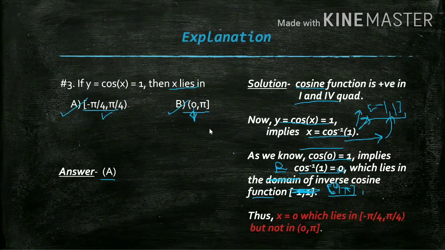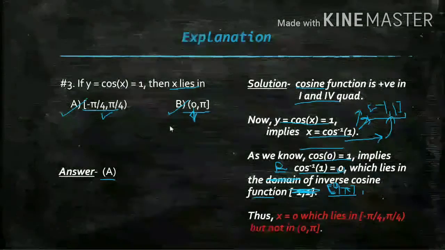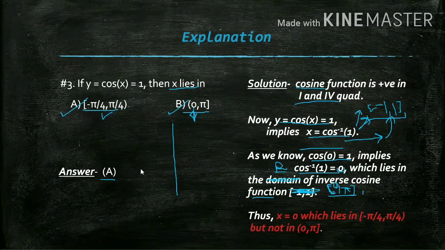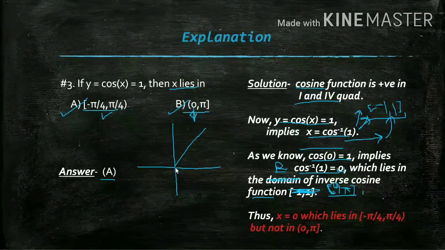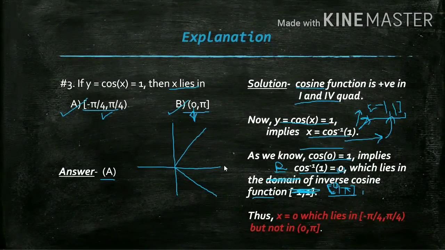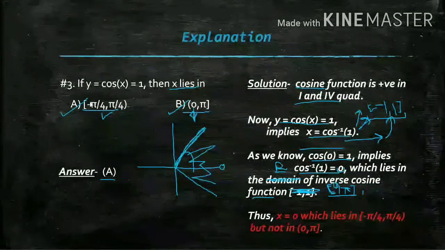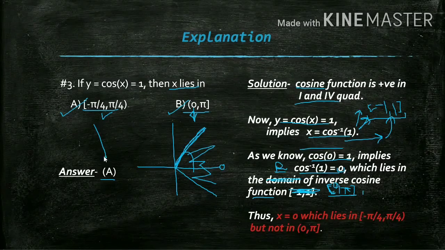But we are getting the value 0, so 0 is not here, but here we have the 0. Why? If we just look, this is pi by 4, this is minus pi by 4, and this is nothing but 0. So it's the closed interval, that means the angles are included here. This is the open one, and all the angles between are included, and 0 is also there. So A is the correct option.